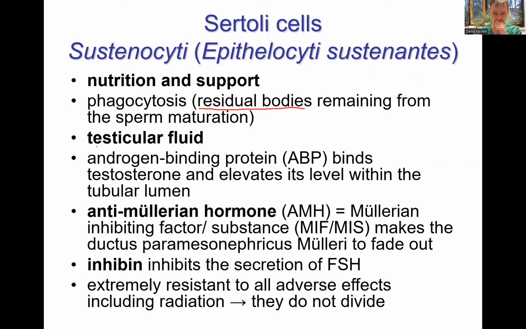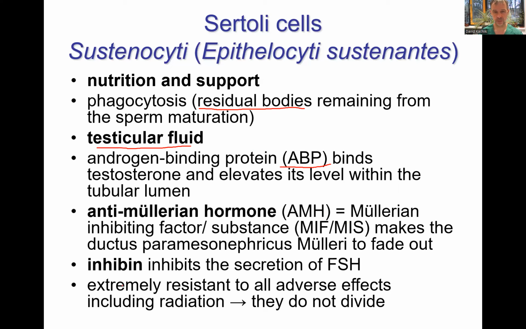It produces testicular fluid, and it secretes several proteins. One of them is androgen binding protein, as it binds testosterone inside the adluminal compartment, and it elevates its level, so it's very necessary for the proper development of the sperm itself, also inside the tubular lumen.